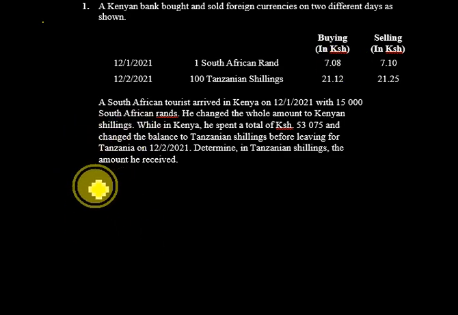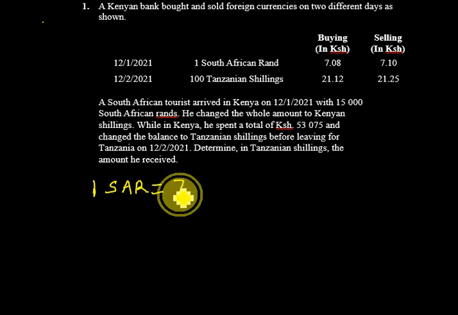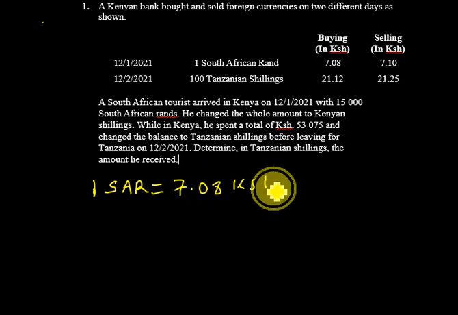So we have one South African rand, which goes at 7.08 Kenyan shillings. But we're told that the person has got 15,000.